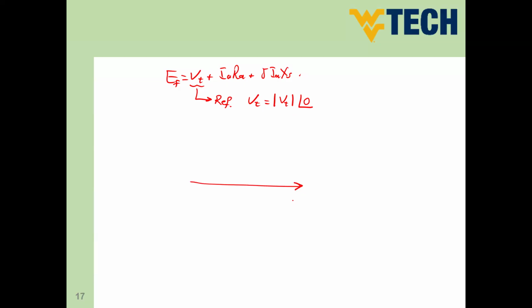This is V terminal. By the way, this equation is per phase. Per phase means this terminal volt is V phase, not V line, and all other terms are phase components. So this is the V terminal phase value.